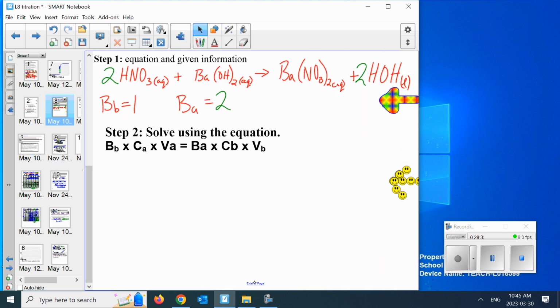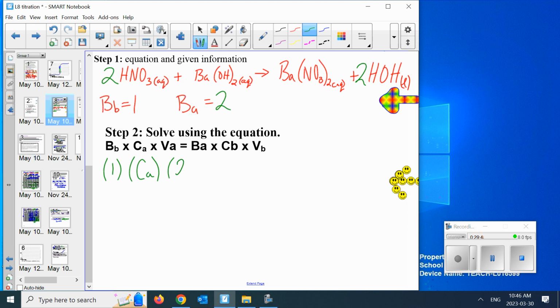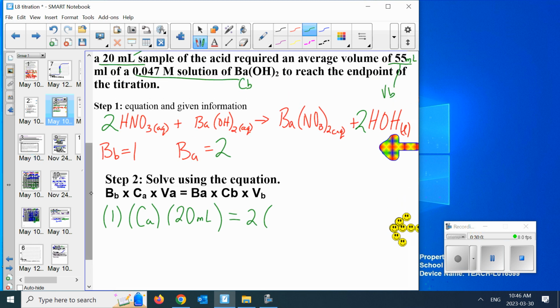I'm going to plug stuff in. Balance of the base. I wouldn't normally write down 1, but I'm going to this one. Concentration of the acid is what I'm trying to find. The volume of the acid was 20. By the way, I didn't change this to liters. As long as the other volume is in milliliters as well, it's fine. Matching units. Balance of the acid is 2. Concentration of the base, 0.47 moles per liter, and then the volume of the base was 55.